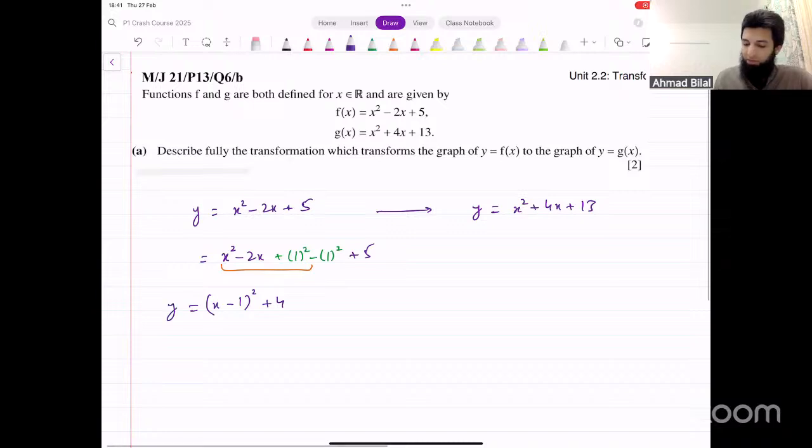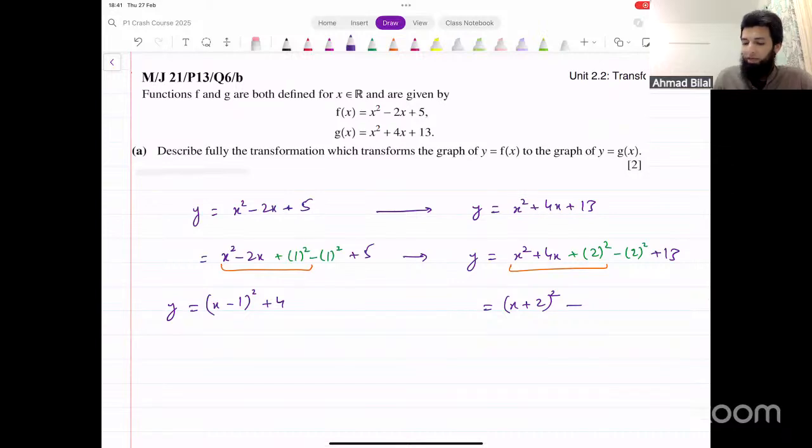And then the other function is x squared plus 4x plus 2 squared minus 2 squared plus 13 outside. This is a perfect square, which is x plus 2 whole squared minus 4 plus 13, that becomes plus 9.